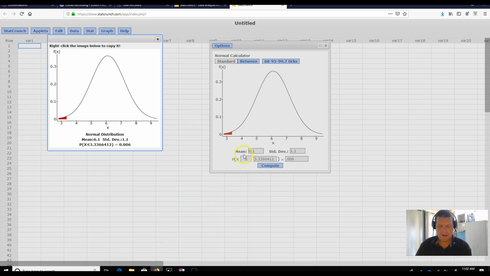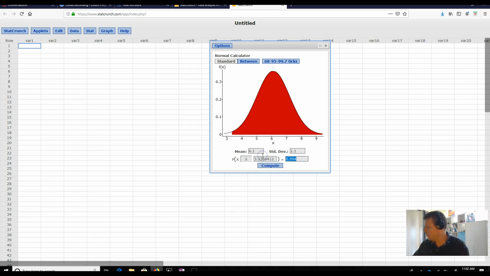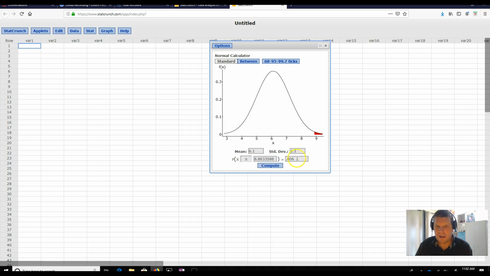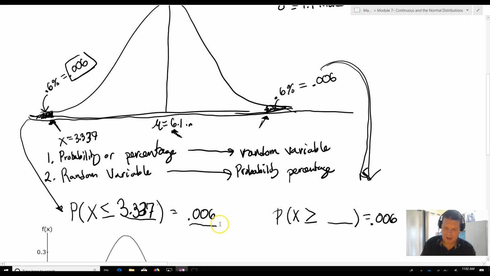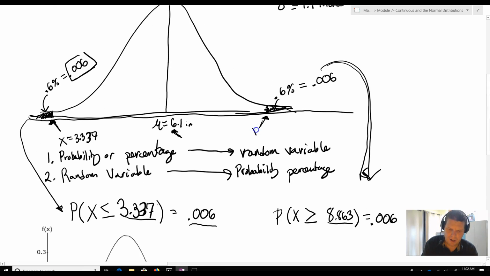So I'll go back here and change this to 0.006. Notice the probability is 0.006, but the greater than or equal to sign is the one used here, and that gives me the other side. So that's 8.863.